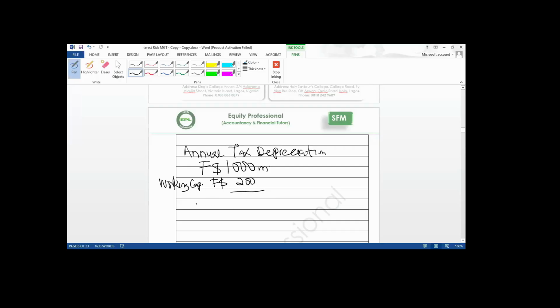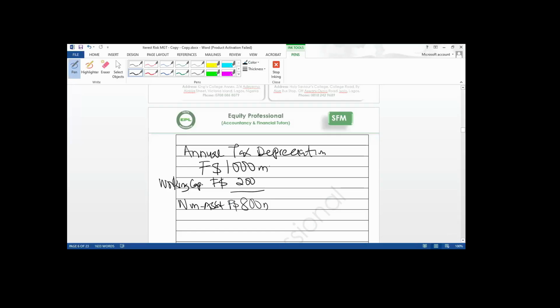Difference between the two, your non-current assets, is 800 million. This is the aspect on which you are going to calculate tax depreciation. That is your capital allowance.